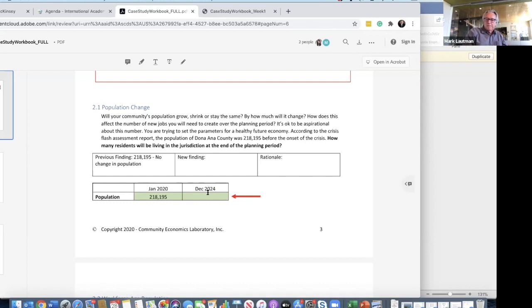Then we find out who the high table is and who the low table is, and then they debate, and we see if we can get everybody to agree on a number.